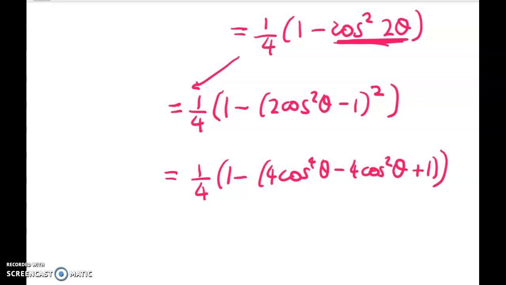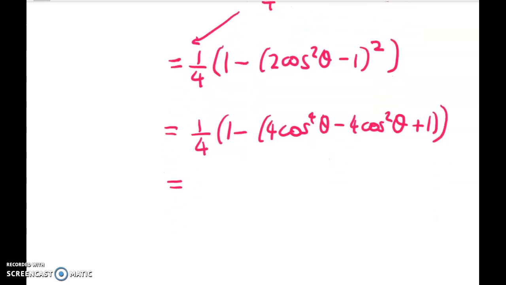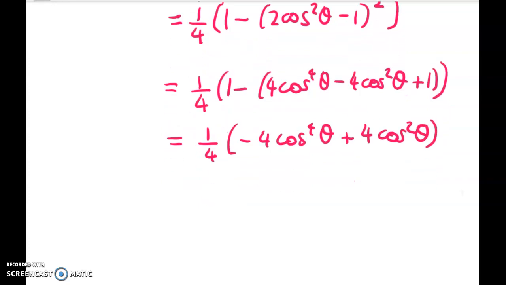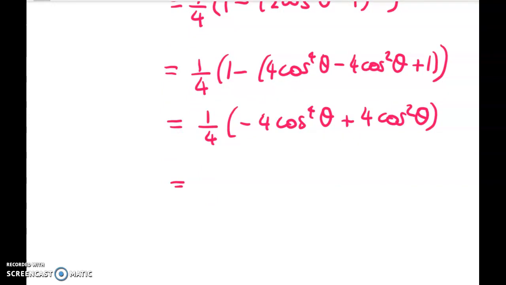Like that. Cleaning that up, a little bit of stuff starts to cancel. I've got 1/4 into -4 cos to the power of 4 theta plus 4 cos squared theta. And the 4's can come out, giving me cos squared theta minus cos to the power of 4 theta. And we're just about there.